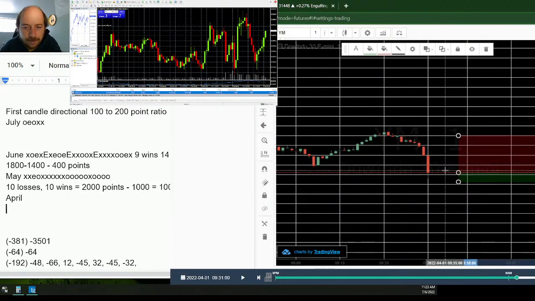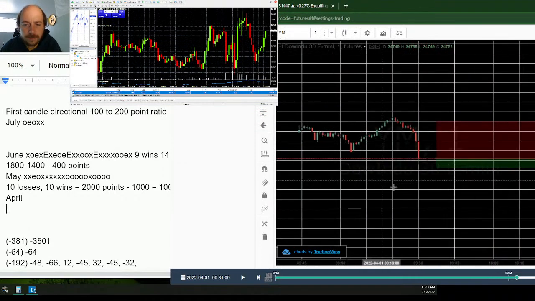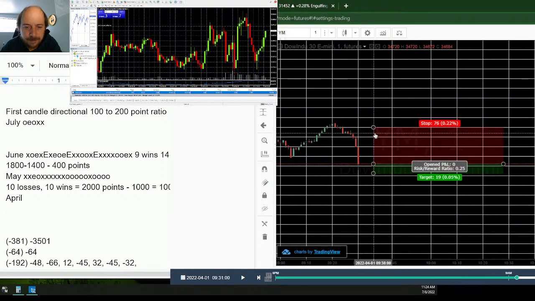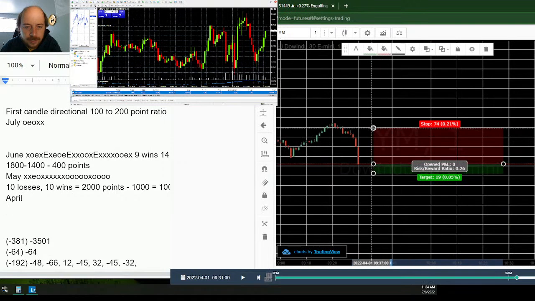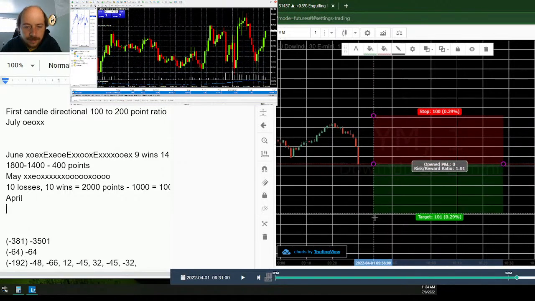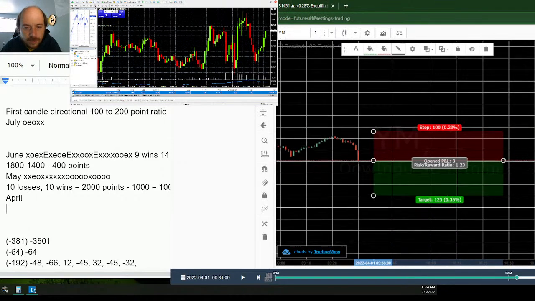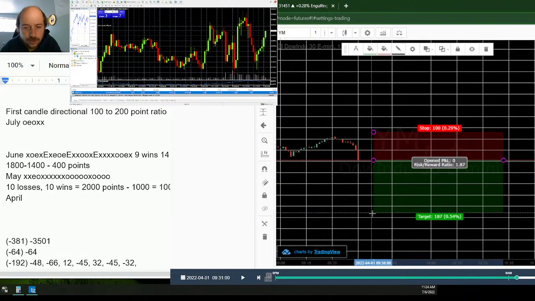This has been profitable for May and June, but we want to just go back really far. We want to back test it many months, because just because it's profitable in 1 month does not mean it's going to be profitable other months. So we have a 100 point stop, 200 point profit taking.